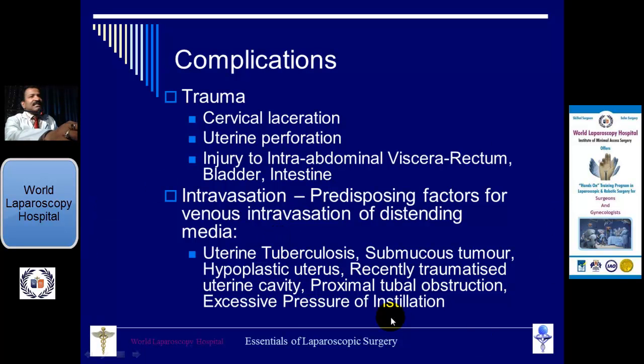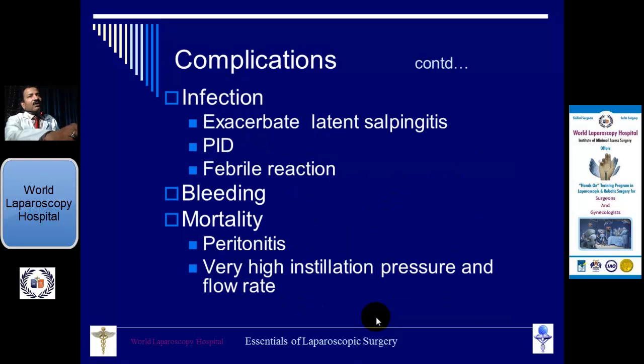If the patient has these diseases, suppose your patient is already suffering from uterine tuberculosis, submucous tumor, hyperplastic uterus, recently traumatized uterine cavity, proximal tubal obstruction, and excessive pressure of installation, meaning if it is already a hyperemic uterus due to TB, cancer, injury, inflammation, or infection. In a hyperemic uterus, the chances of intravasation manifold increase, because it can take the fluid very fast, and then you have to be more careful about the timing of the procedure. You should not go for a long time.